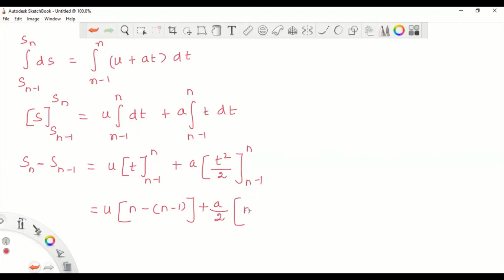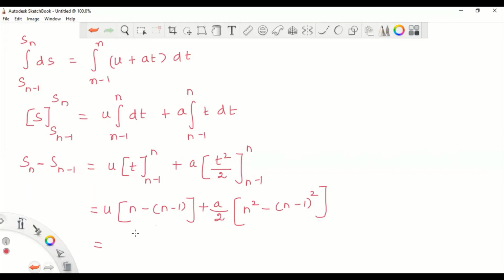So again n square minus n minus 1 the whole square. Okay. So you can write it as, this n minus n will get cancelled.